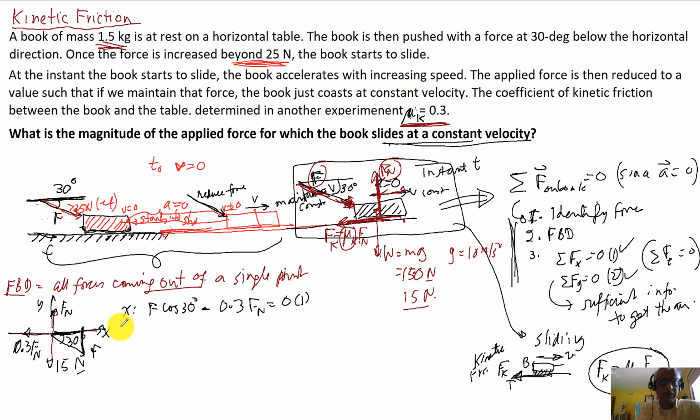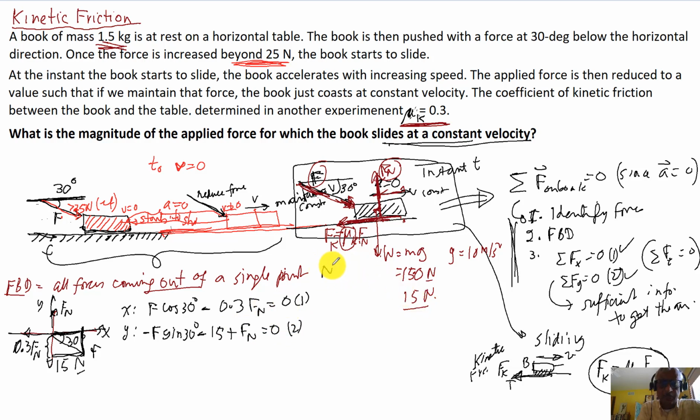All right, let's do the y. F has y, which is negative, minus F sine 30 degrees. Why is it negative? Because when I project on it, I hit the negative y-axis, and then I have 15 Newton, and then I have a plus Fn equal to 0.